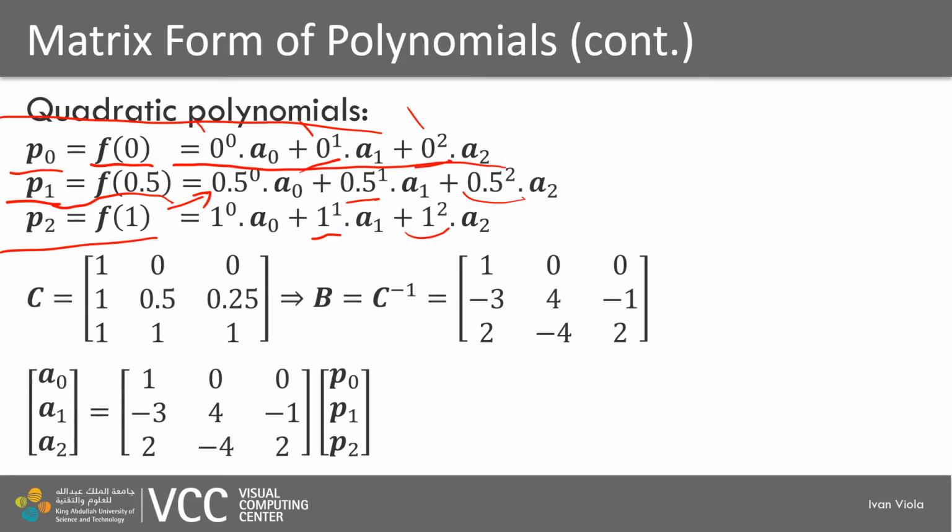So we put all these coefficients into our constraint matrix as we have done previously, only that it is now a 3 by 3 matrix.